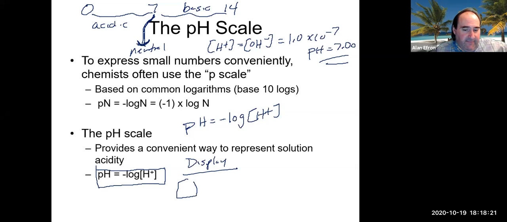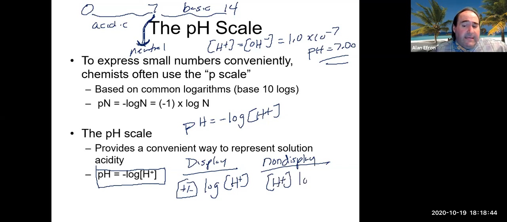You hit the negative button, not the subtract button. You hit the log button, and then you type in your concentration using your exponent button. If you have a non-display calculator, for this calculation and everything else we're going to talk about for the rest of the chapter, you need to work backwards. You need to start with the concentration or the number. You then hit the log button, and then you hit the positive negative button.